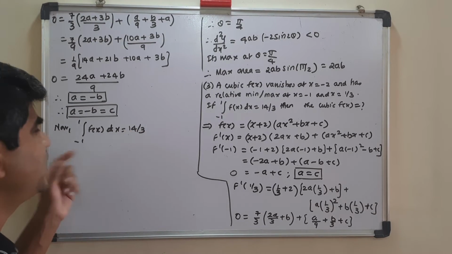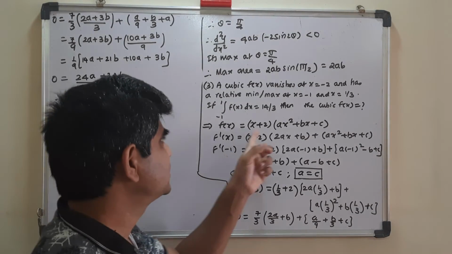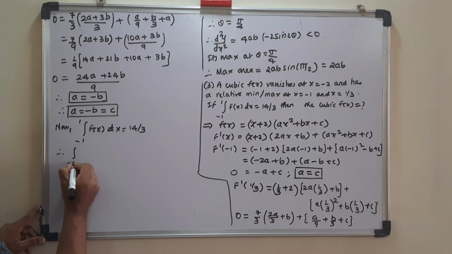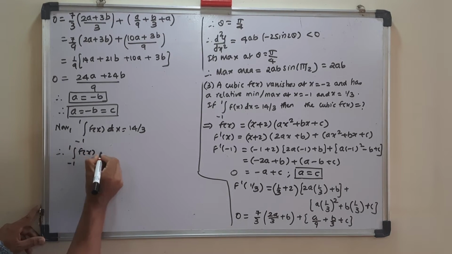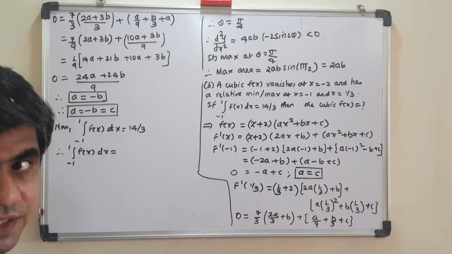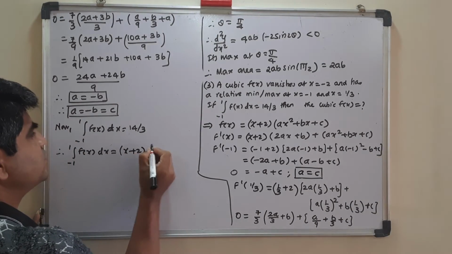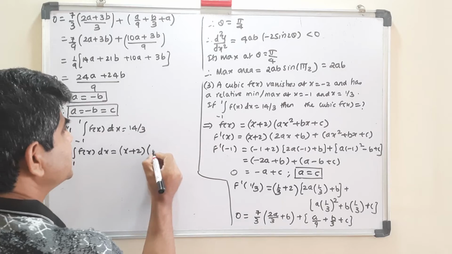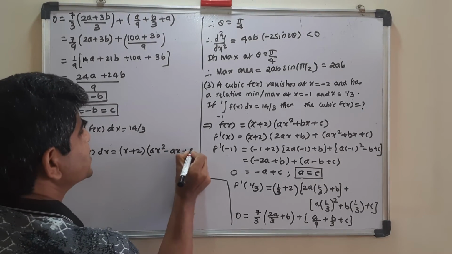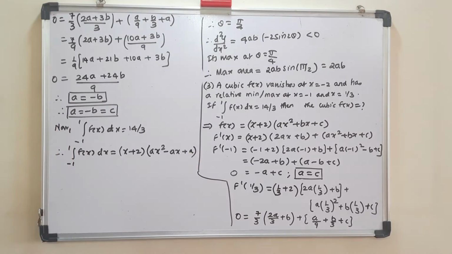Now when I take this, the function of x that I have got here is this one, right? So the integral from minus 1 to 1 of f(x) dx will obviously be, this is your x plus 2 into the bracket ax square minus ax plus a, that is a is equal to minus b plus c.